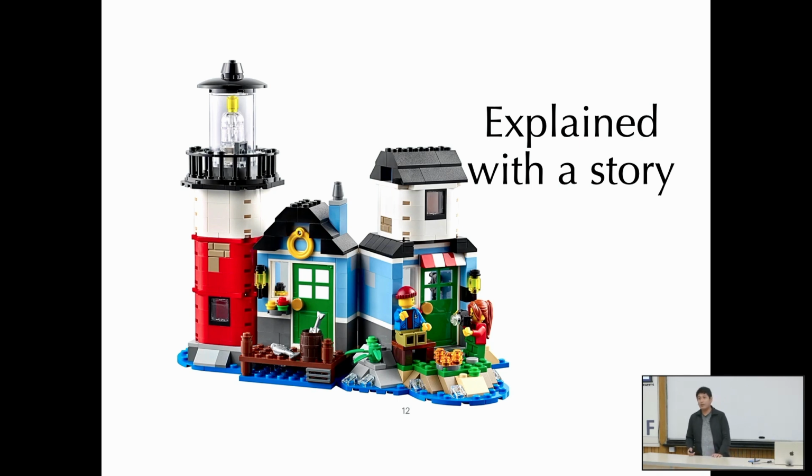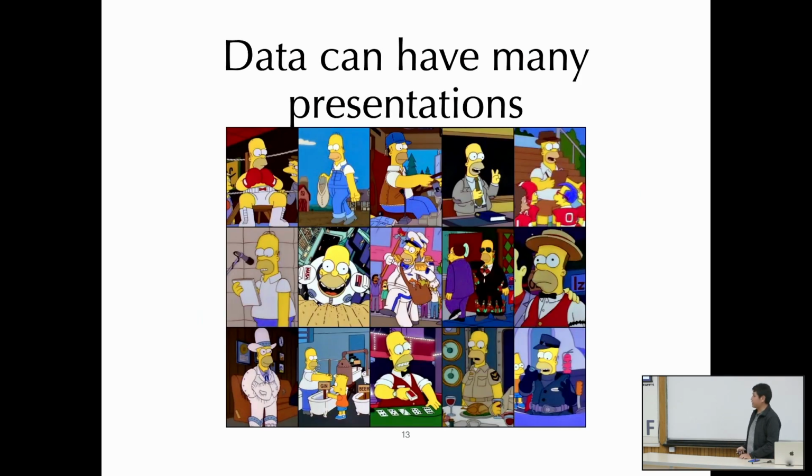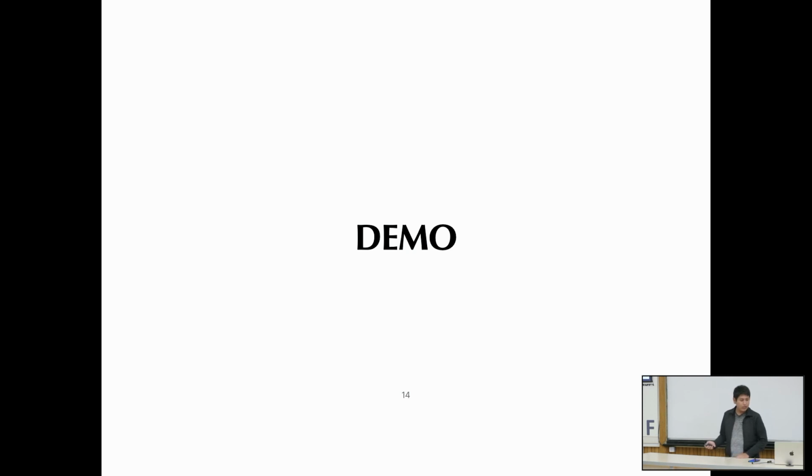That is the main point of any visualization, to tell a history about what is happening. Also, with the same data, we can have many presentations of the same view, and many different histories about it. So it's very important. So yes, a simple demo.